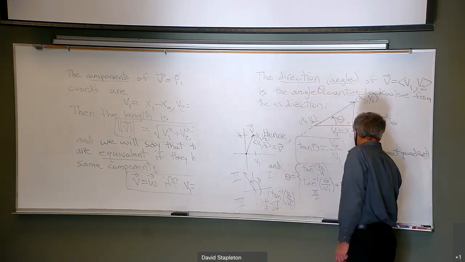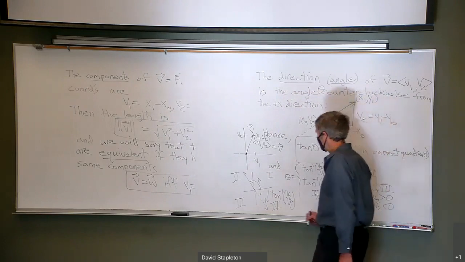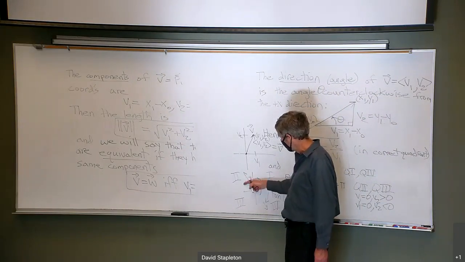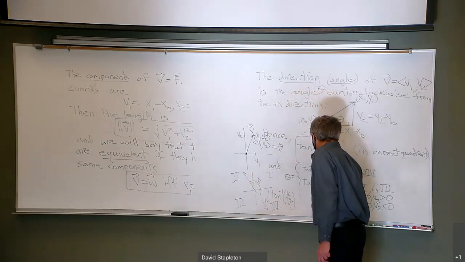Then if V1, the first component, is 0, but V2, the second component, is negative, right? Then the vector has 0 horizontal displacement, but a negative vertical displacement. Your angle is here at 3 pi over 2, or you can say minus pi over 2. Either way, let's call it minus pi over 2.